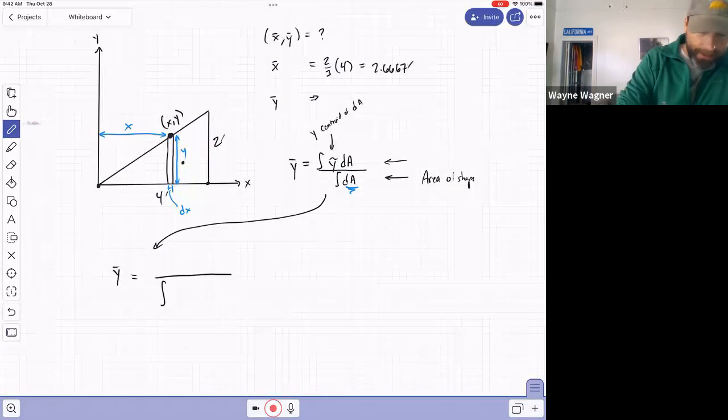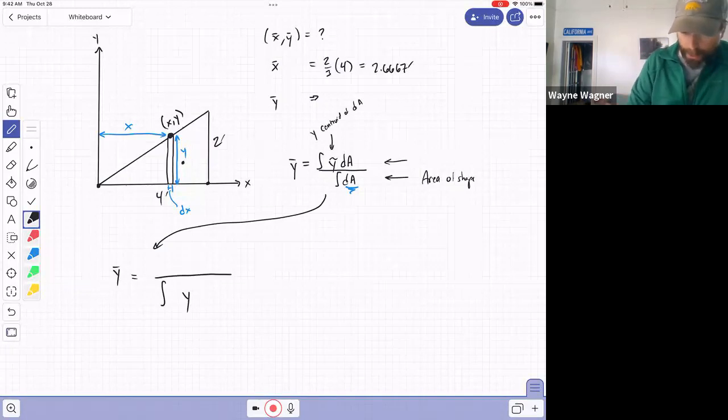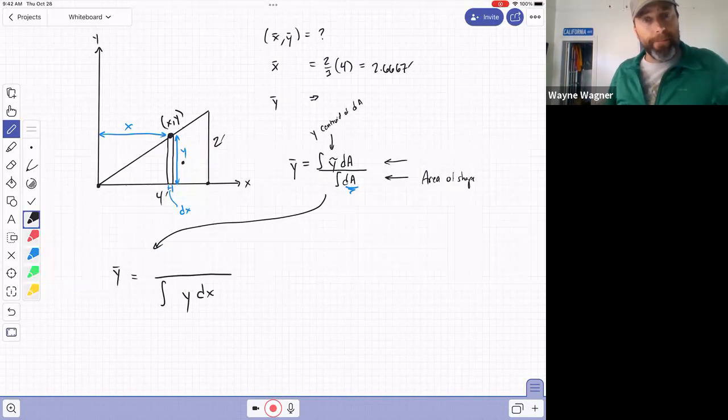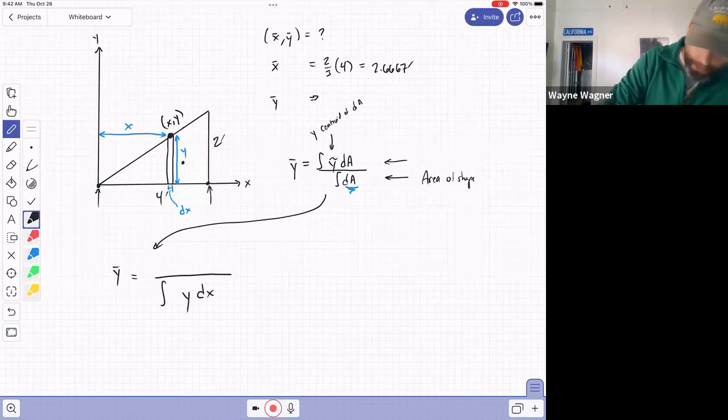The length of this is y, and the width of it is dx. So that's the dA. Noting that we're going to add those up from x equals 0 to x equals 4, we'll go from 0 to 4.